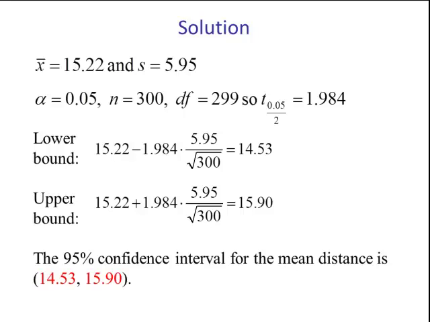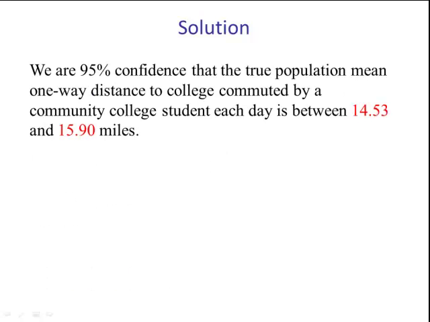The 95% confidence interval for the mean distance is 14.53 to 15.90. So let's interpret this confidence interval. We are 95% confident that the true population mean one-way distance to college commuted by a community college student at this college each day is between 14.53 and 15.90 miles.